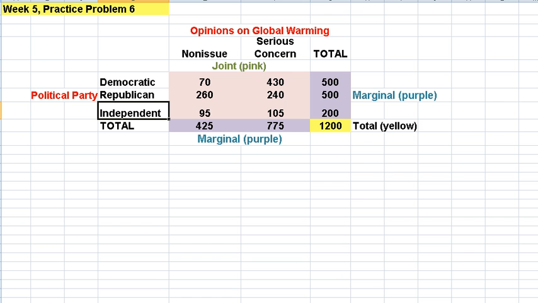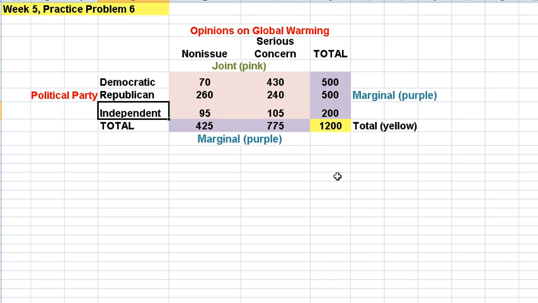I typically color code my contingency tables, and as you can see, our marginal values, which are shaded in purple, are interspersed along the borders of the table. So let's click on one of these values.